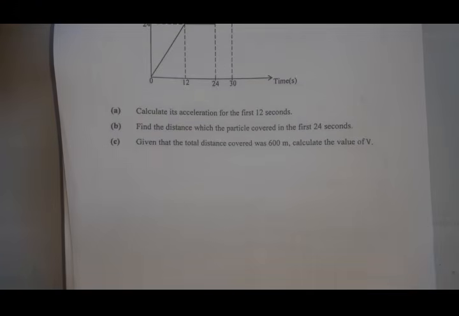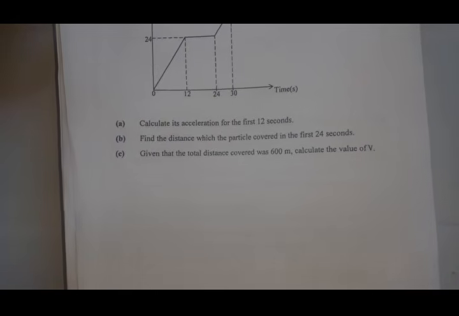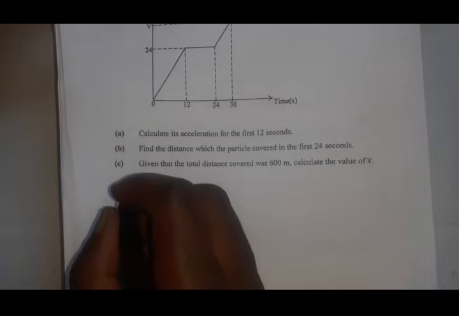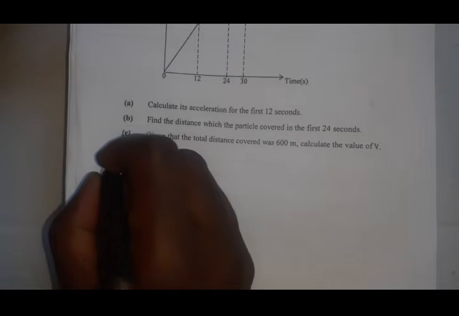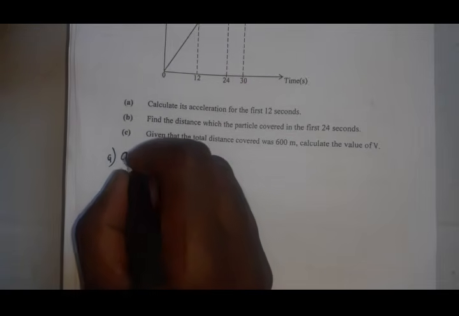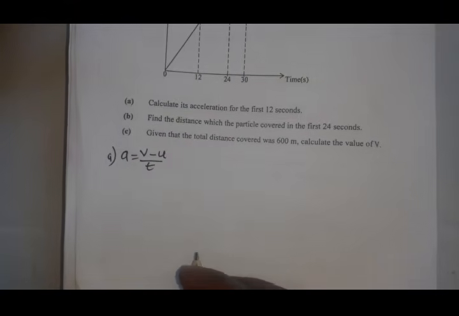Calculate its acceleration for the first 12 seconds. Okay, so here we need to find the first one. Acceleration is equal to the final velocity minus the initial velocity over the time taken.